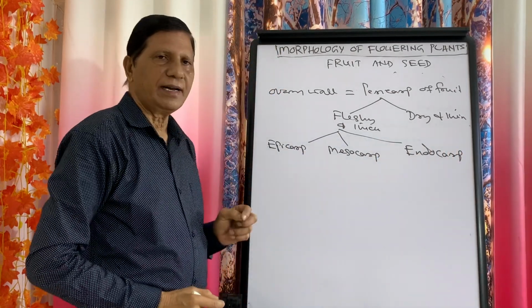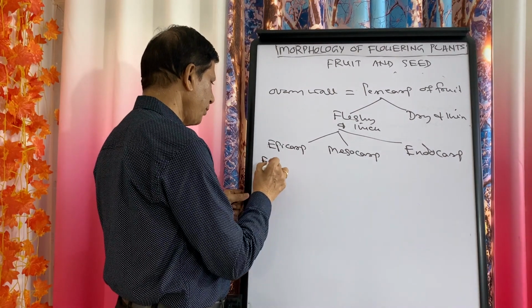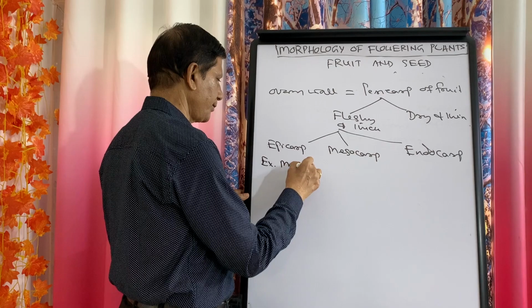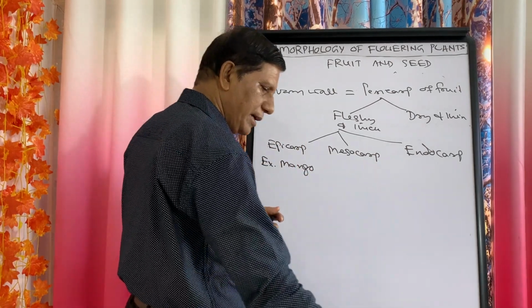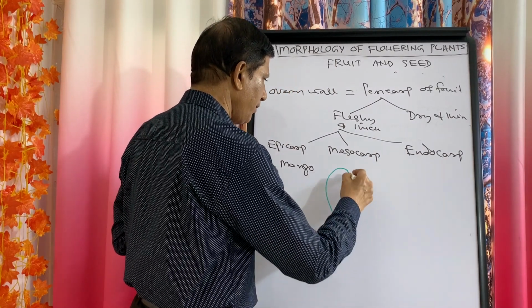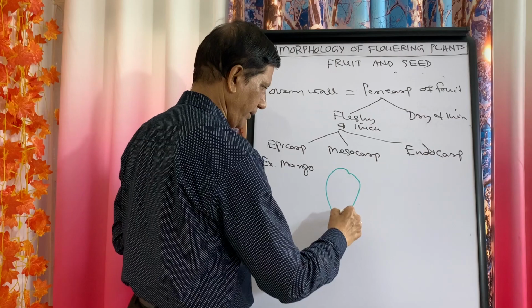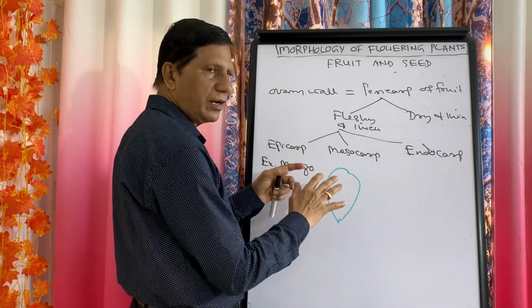Now let us take one or two examples. Suppose we take the example of mango. In a mango, what happens? There is one outer covering, which may be yellow in color, or green when it is unripe.